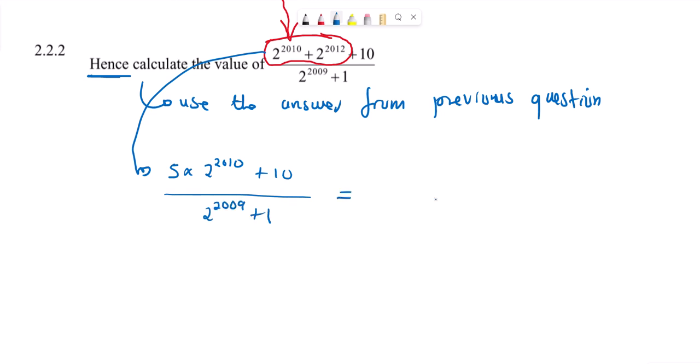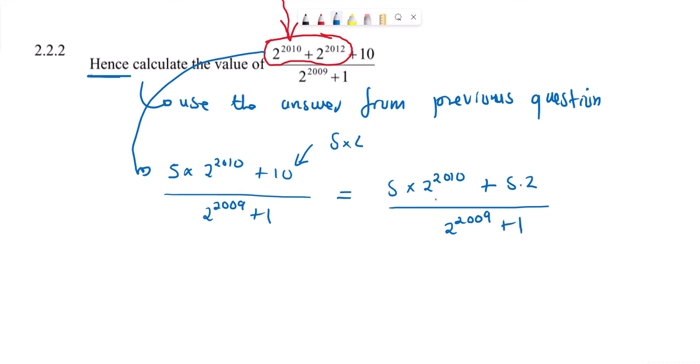And that is equal to, look at 10, guys. 10 can be written as 5 times 2. So that will be 5 times 2 to the 2010, plus 5 times 2, over 2 to the 2009 plus 1.